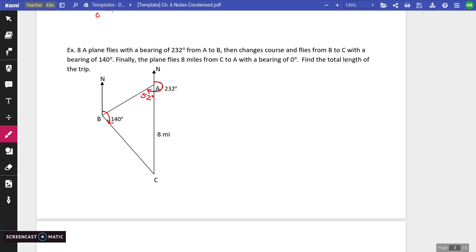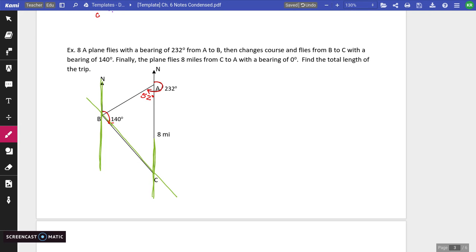Okay, so here, got to remember back to geometry a little bit. You've got a north-south line here. You have a north-south line here. Okay, this is going to be a transversal.